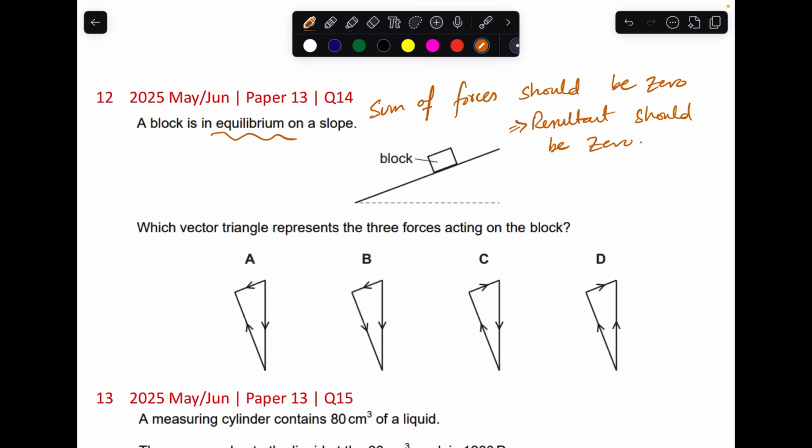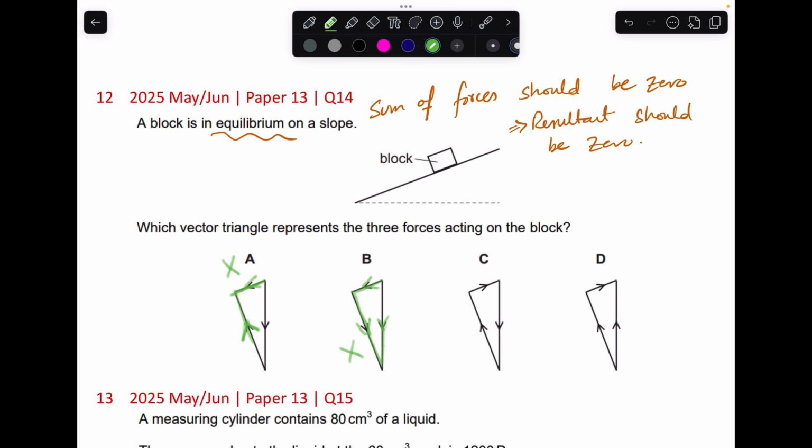If they are moving like this in that direction, and their heads are facing each other, then that is not cyclic. If you see this one, again their heads are facing each other. So when the heads are facing each other, they will not give you a zero resultant.